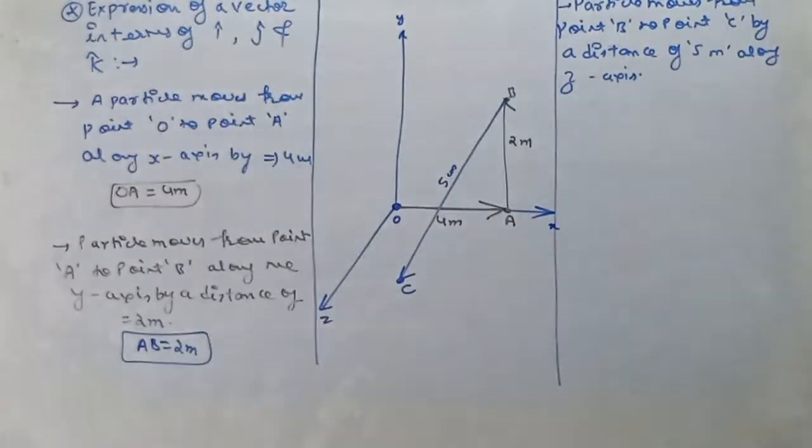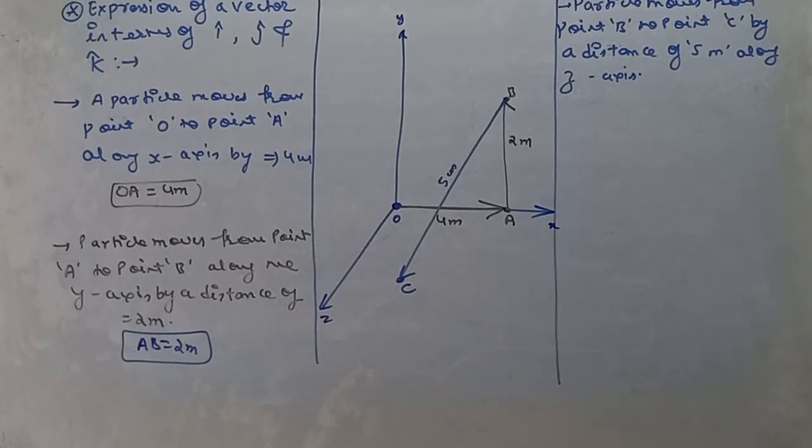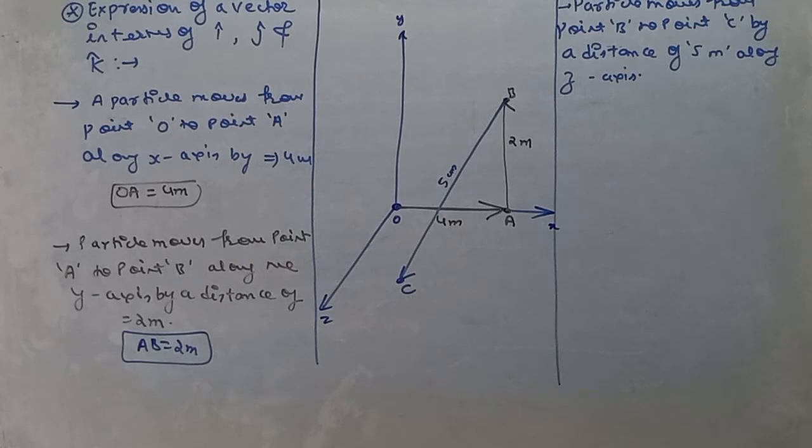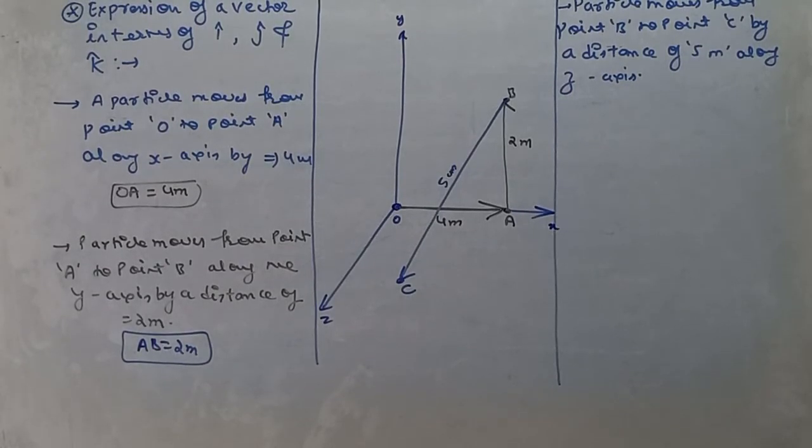So the circumstance is like this: the particle started its motion from point O and moved towards point A by 4 meter. Then it moves from A to B by 2 meter. Then it moves from B to C along z-axis by 5 meter.